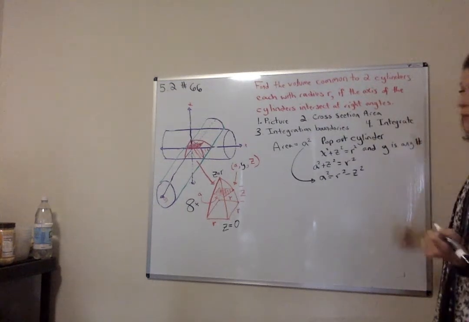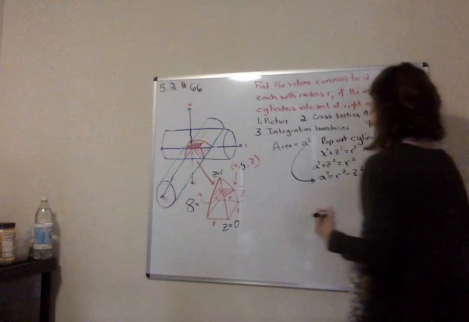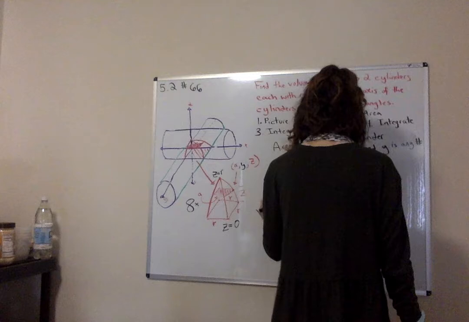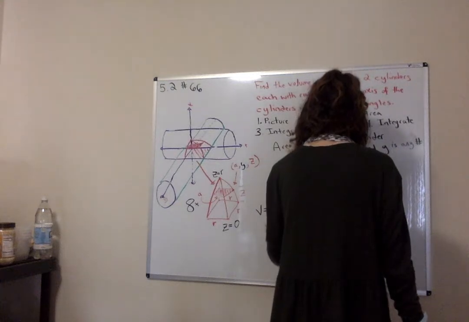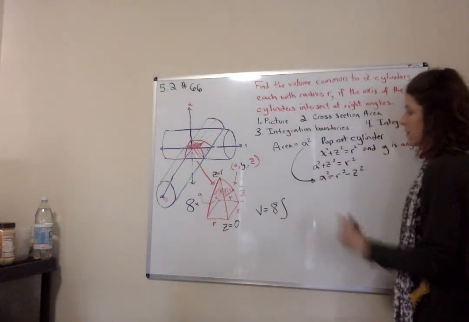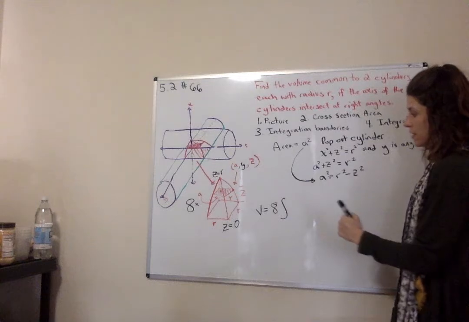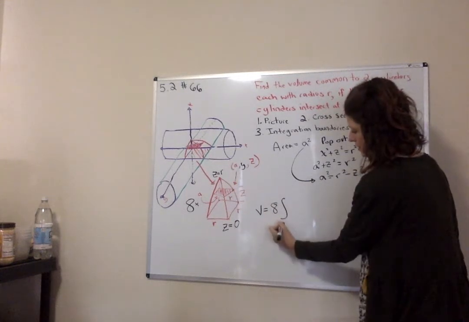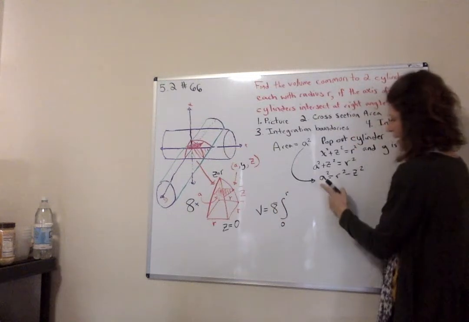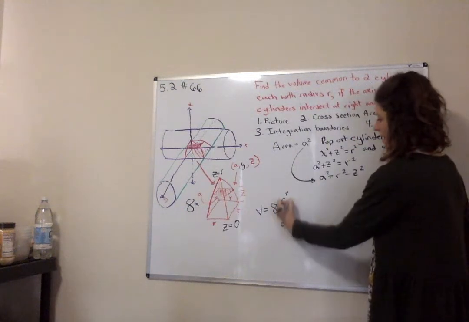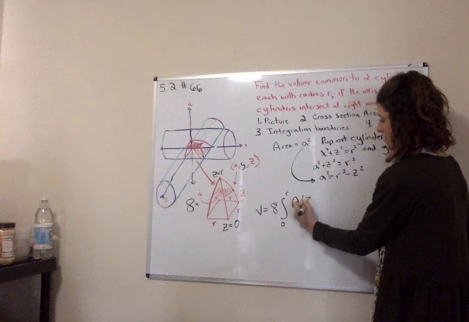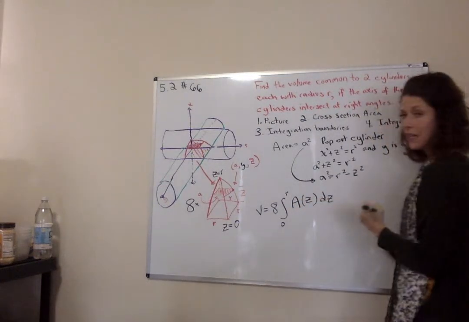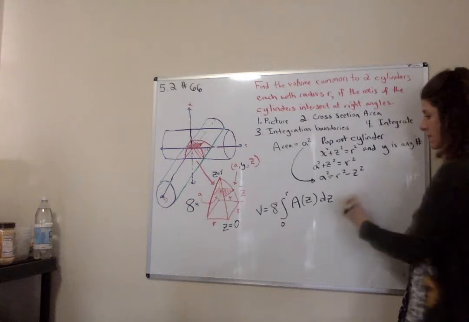So now the last thing we want to do is integrate. The volume is equal to 8 times the volume of my tented region. So I integrate over these boundaries, 0 to r, and I'm integrating the cross-sectional area, which is a function of z, with respect to z.